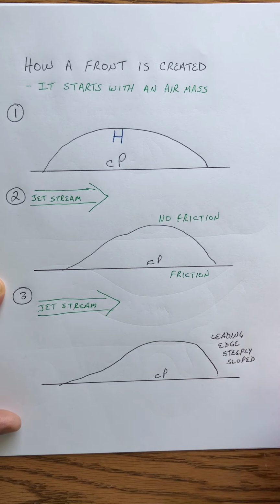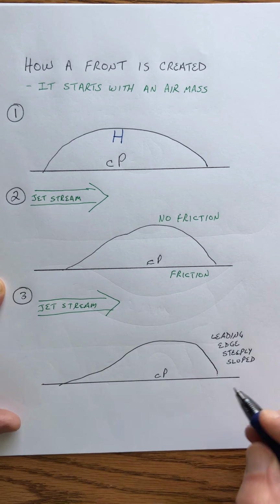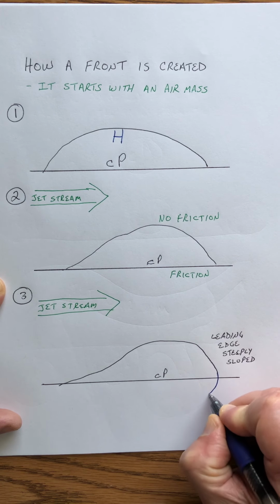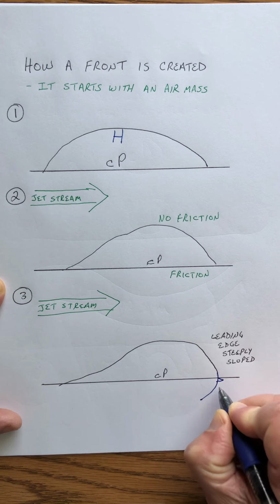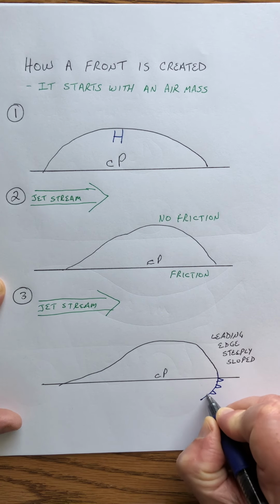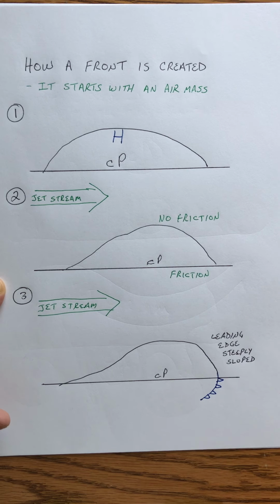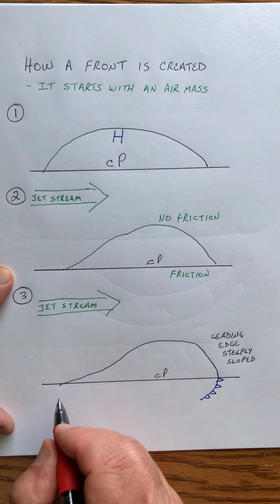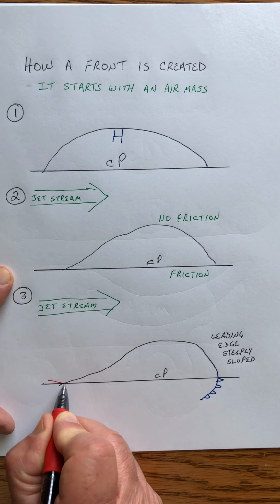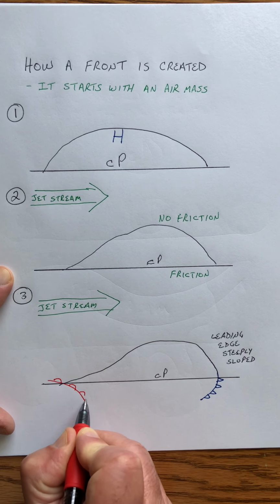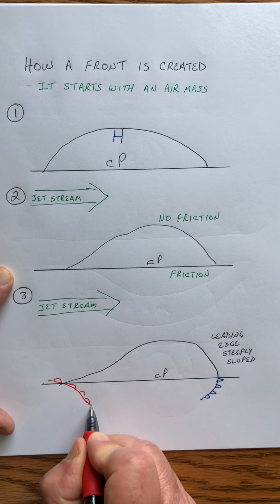And this is actually going to become the leading edge of the continental polar air mass, actually becomes a cold front. Okay, and our cold fronts typically are relatively steeply sloped relative to a warm front. And later on, when we start talking about warm fronts, the warm fronts are actually going to be back here at the tail edge of this continental polar air mass.